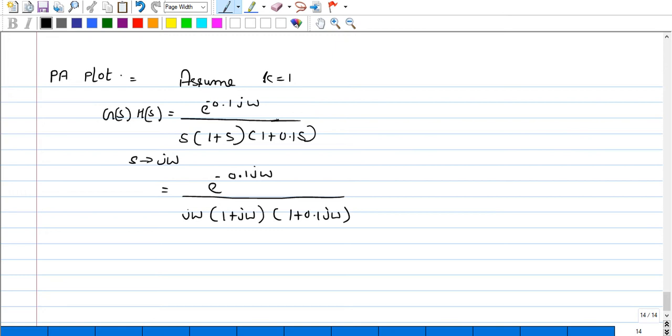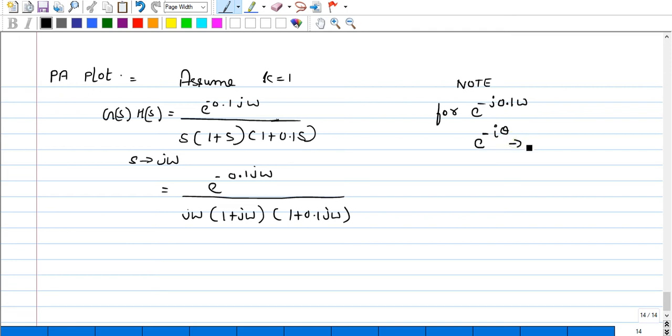Let us consider this exponential form. Please note, for e raised to minus 0.1 j omega, I will write it in the form j 0.1 into omega. Now I will write the same as e raised to minus j theta.